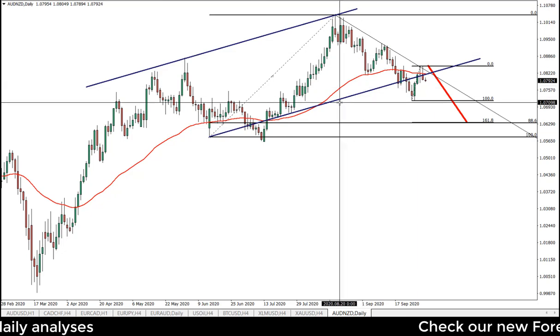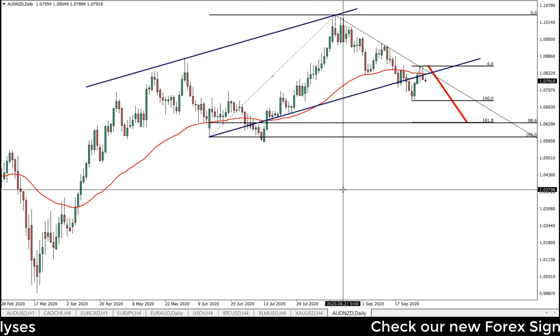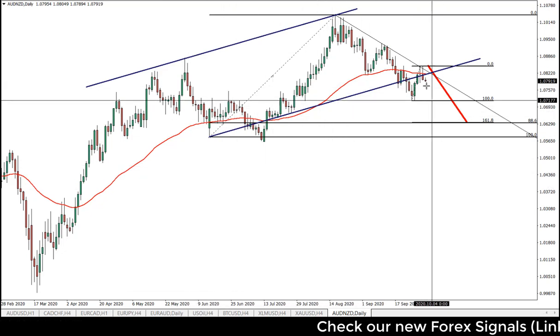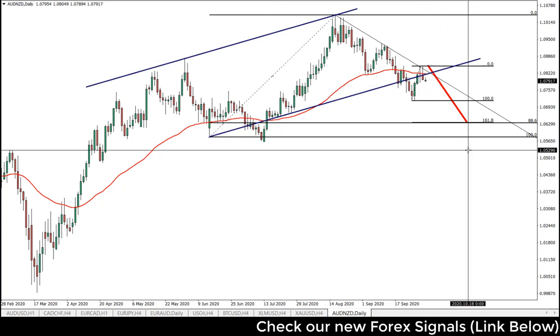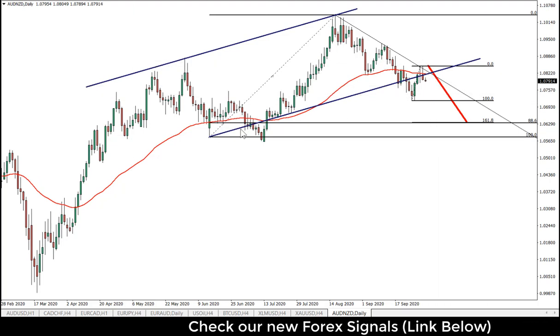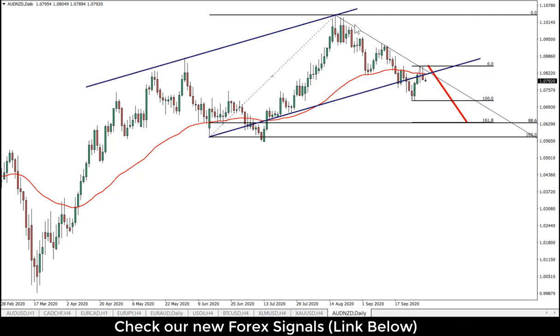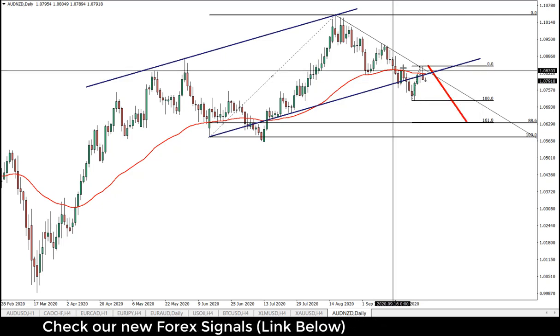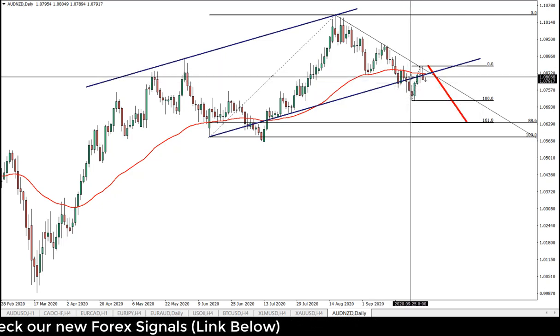The price action on the Australian versus New Zealand is very interesting in terms of the bearish potential. First off, we have the ascending channel and a break below it.